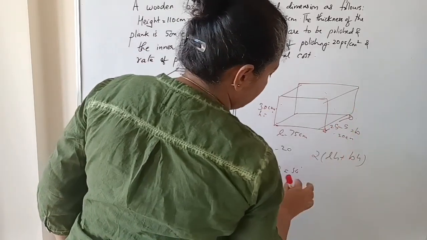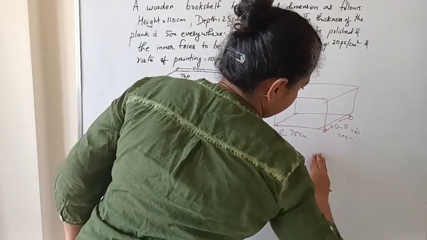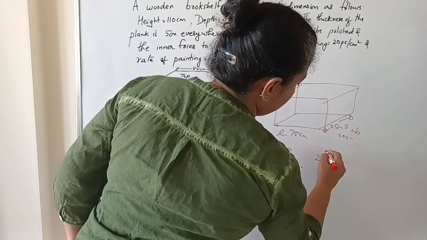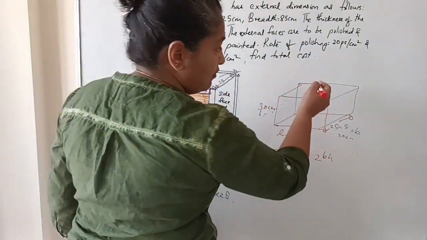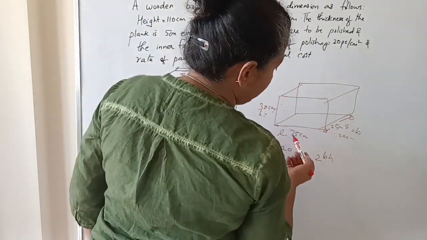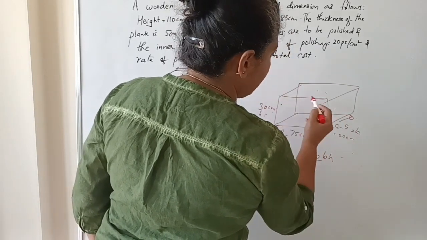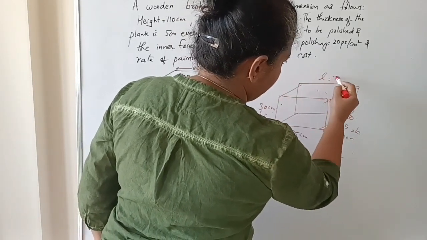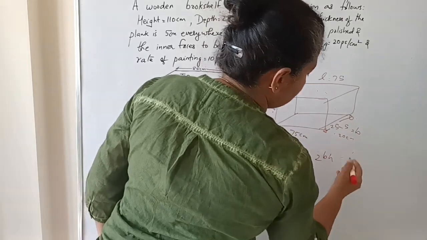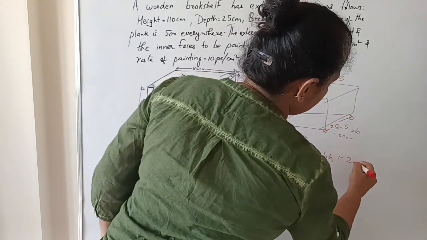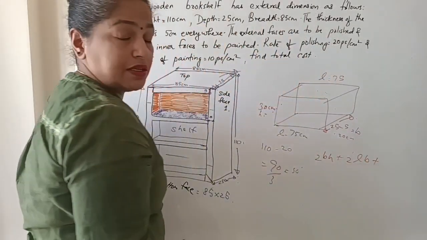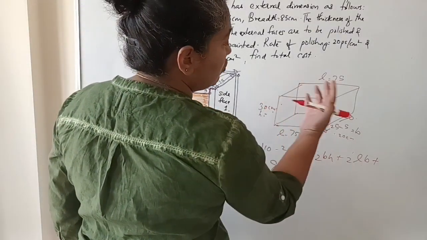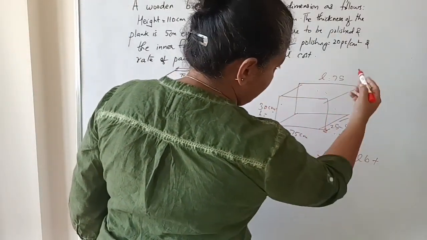So I have got 2BH. Okay. I have got the top face and I have got the bottom face which is L into B. So I have got 2LB, okay, plus I have got the back face which is L into H.